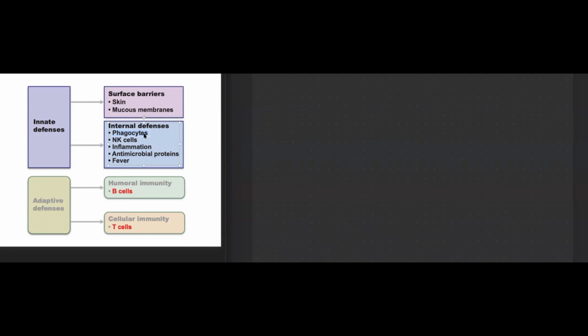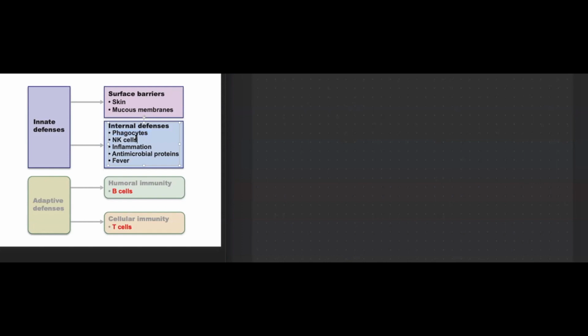We call the ones in the dermis of the skin Langerhans cells. In the central nervous system, the microglia, Kupffer cells in the liver, dust cells in the lungs. All those are tissue macrophages ready to engulf and digest the pathogens.